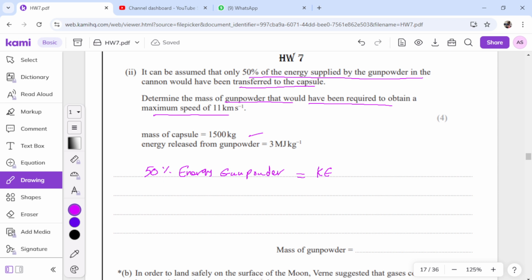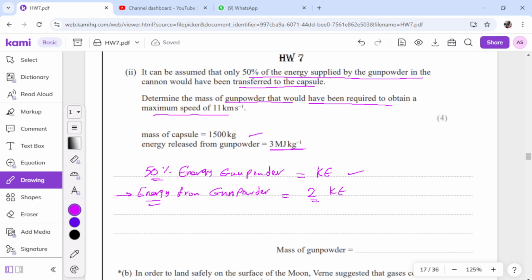Mass of capsule is given and energy released per kilogram is given. So first you have to know what is the energy from gunpowder. The total energy input from gunpowder is 2 kinetic energy because 50% of it is changed to kinetic. So if you multiply kinetic energy by 2, you get the total energy from the gunpowder. And of course the 50% is lost due to friction force, resistance, like this.